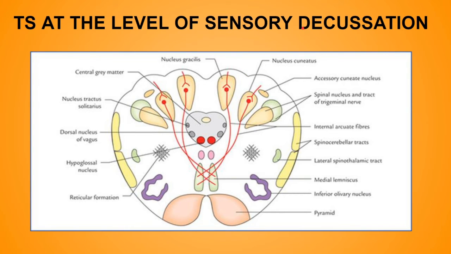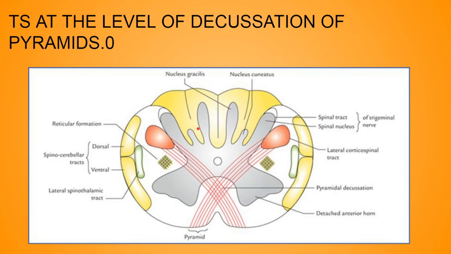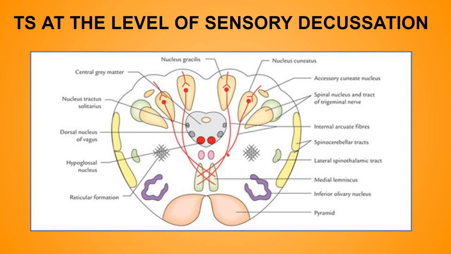or at the level of the decussation of the medial lemnisci. Over here, as you can see, this is the nucleus gracilis and this is the nucleus cuneatus. Both nuclei are more pronounced and are separated from the central gray matter. As you saw previously at the level of the decussation of the pyramids, both were attached to the central gray part, right? But over here they are separate from that central gray matter.